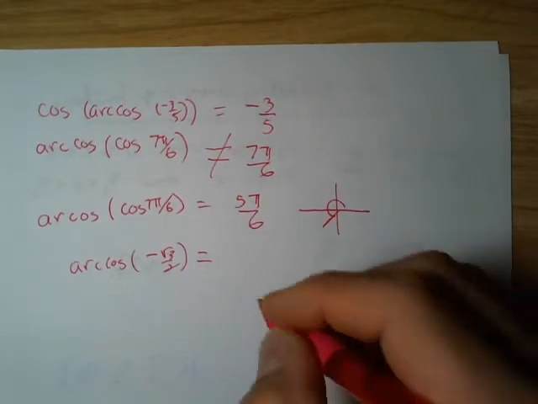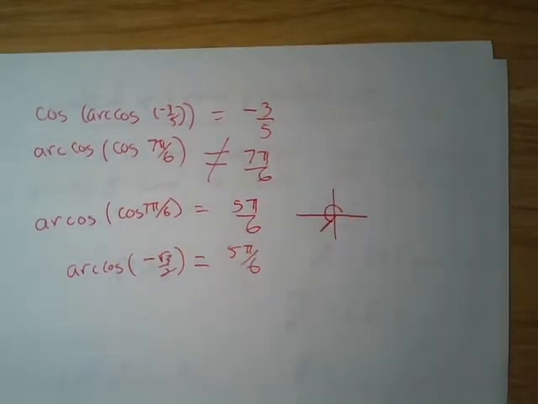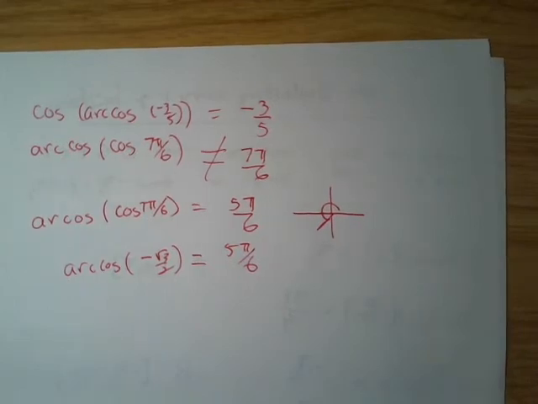That is 5pi/6. Okay, so that is the thought process right there. That's how you want to approach these compositions of the same function, the cosine and the arc cosine.